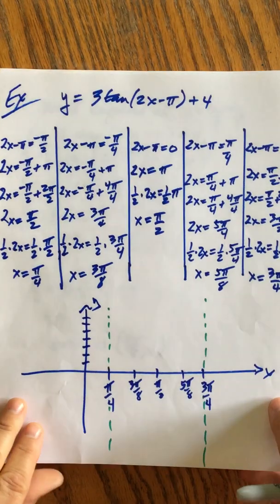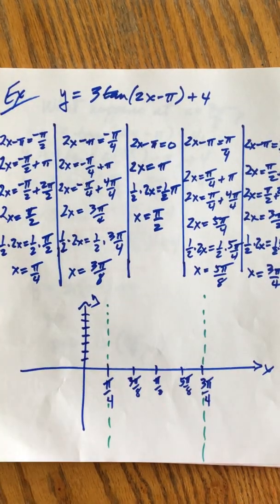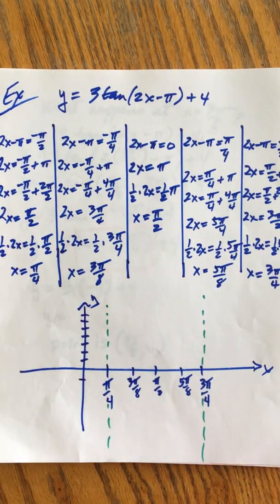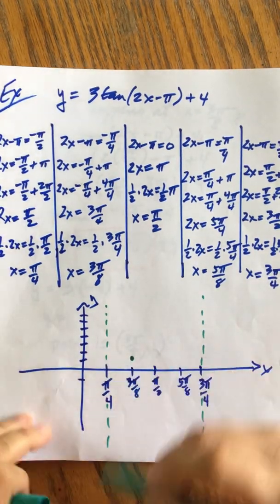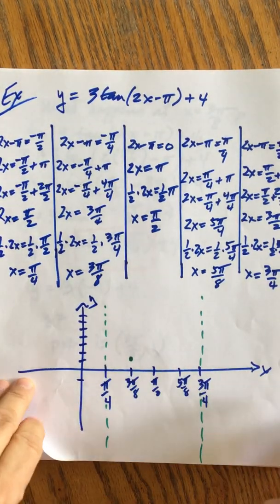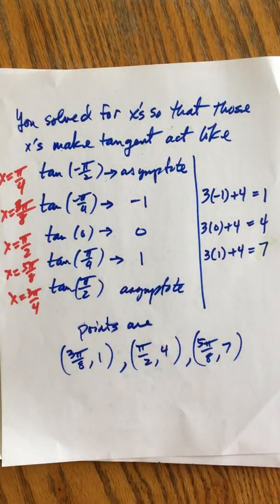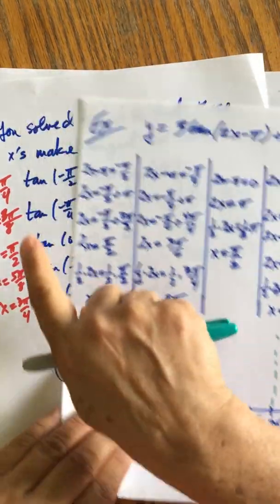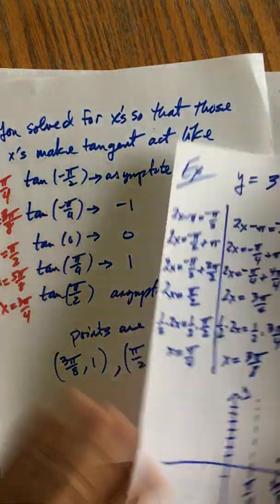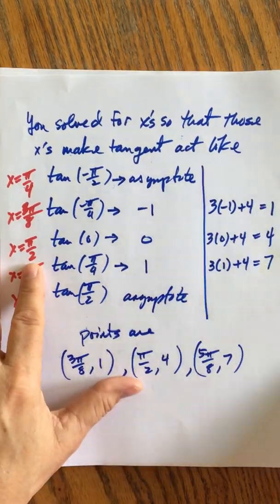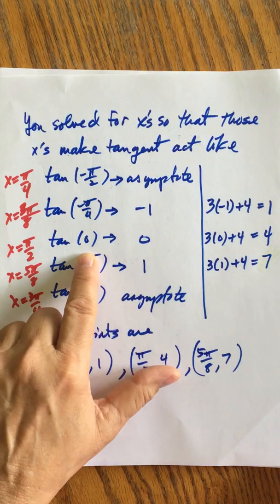So let's go ahead and do that. Let me make over here something like that. So 3 pi over 8 and then 1 right there. If we keep going and get the rest of these, we know that at pi over 4 we have an asymptote. And then at 3 pi over 8 we figured out that that ended up being 1. At pi over 2, we're going to end up taking the tangent of 0, which is 0.